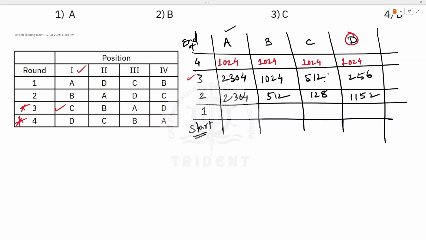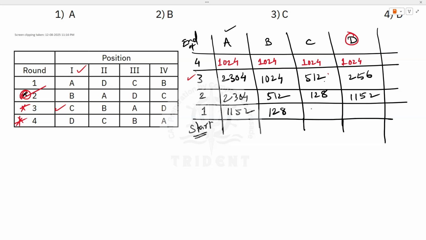Okay, let's look into the first round now. At the end of the first round is the starting of this. We will be looking at this data now. So B is number 1. That means whatever 512 is, whatever this data was, that got multiplied 4 times, right? So that will become 128 now. Who is second? A is second. So half of that, 1152.